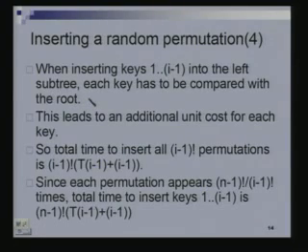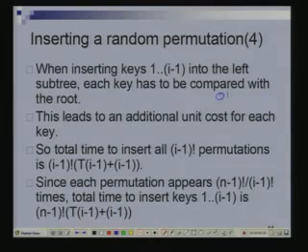It is as if I am creating a left subtree of i minus 1 elements, but I can't just count that as the average cost, because for each of those elements in the left subtree the level is actually one more than if it were just the left subtree.